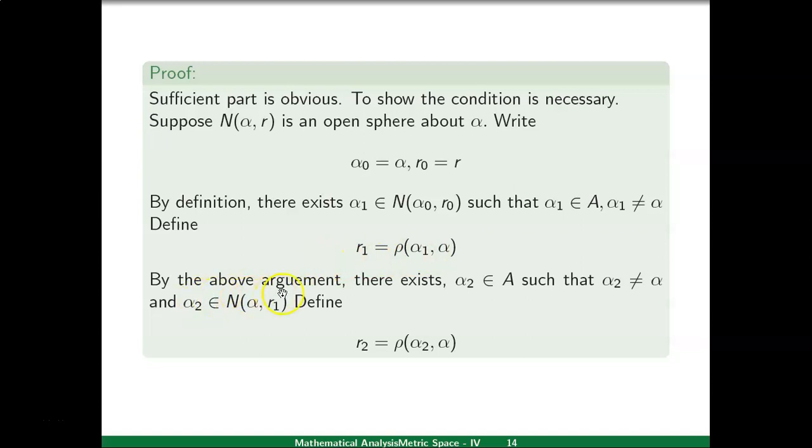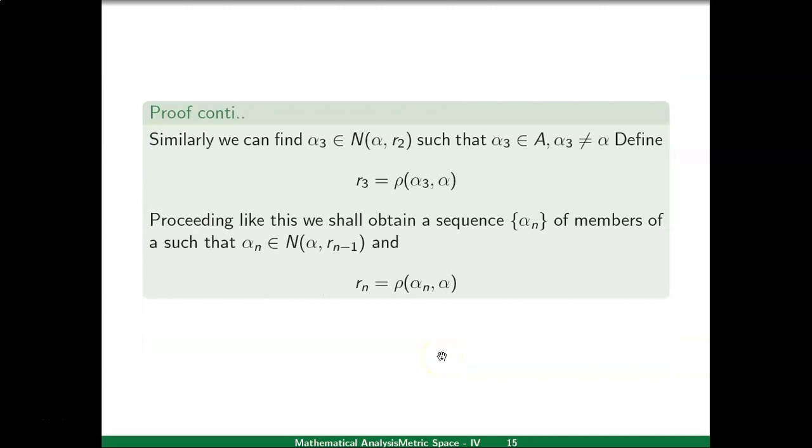And by the same argument, there exists another point alpha 2 in set A such that alpha 2 is not equal to alpha and alpha 2 belongs to the open sphere S(alpha, R1). Let us define R2 as the distance of point alpha 2 from point alpha. Similarly, we can find another point alpha 3 in the sphere centered about alpha with radius R2 such that alpha 3 is a point of A and alpha 3 is not equal to alpha.